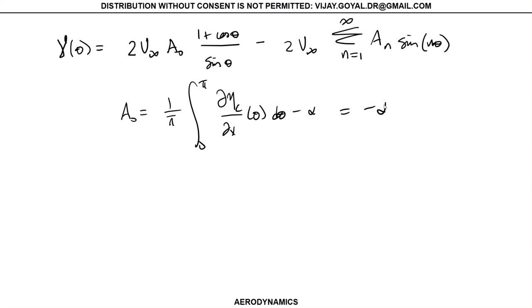This is minus alpha. And a_n we just found, and I told you that a1 is equal to 0.4, and a2 and on will be 0.